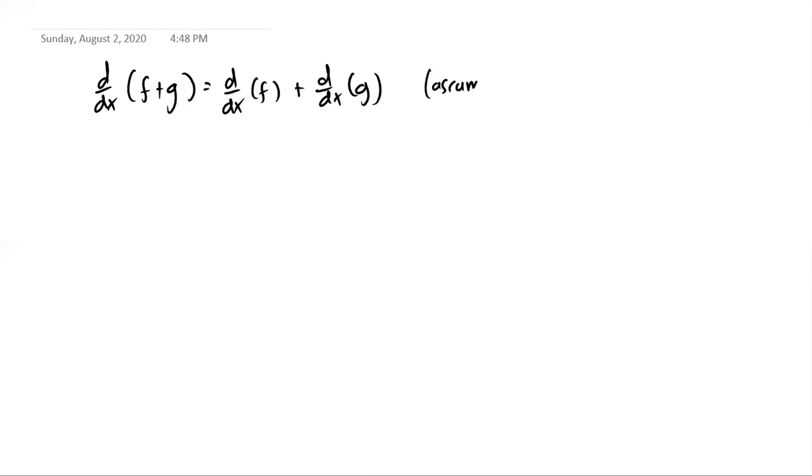You know that d/dx of f plus g equals d/dx of f plus d/dx of g, assuming that the derivative exists, of course. So let me just write, assuming that f prime and g prime exist.